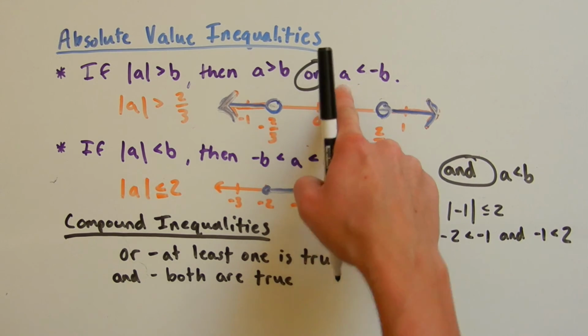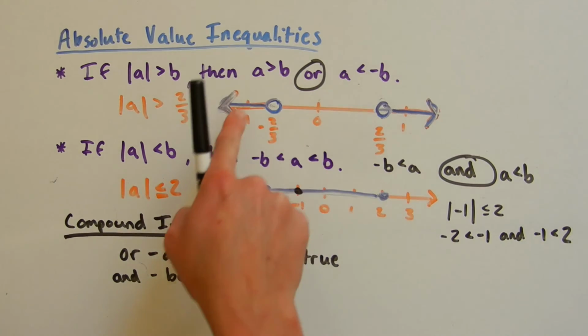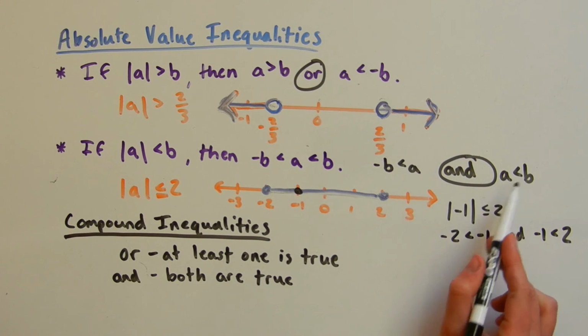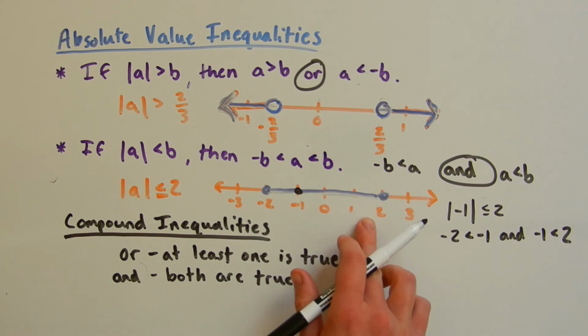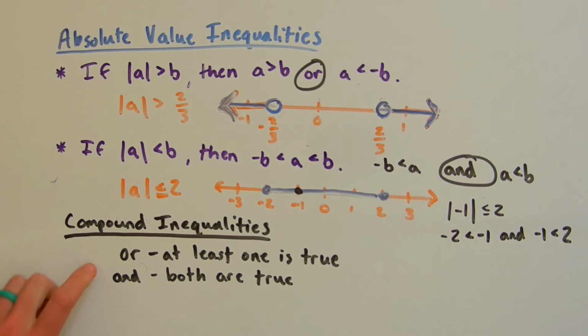Whereas above, when we had compound inequalities that were joined with or, only one of them could ever be true. Whereas here, both of the inequalities hold true for the numbers that we pick within that interval. So just remember that or, at least one of those inequalities is true, and and, both of the inequalities must be true. Let's take a look at an example of this.